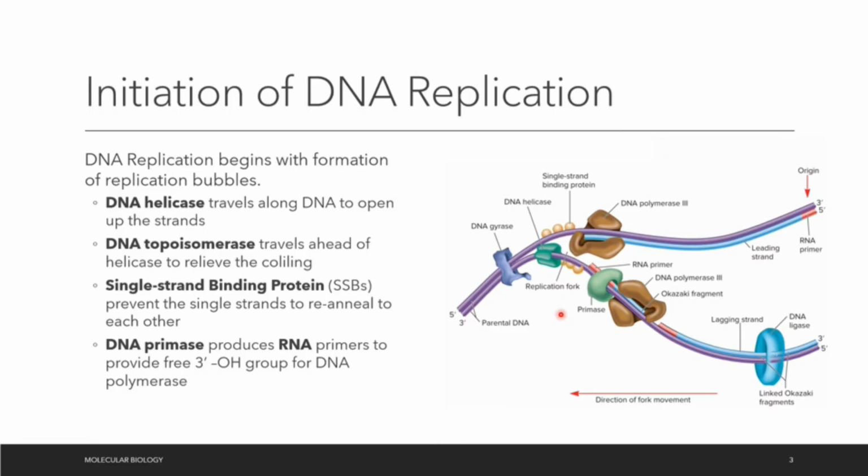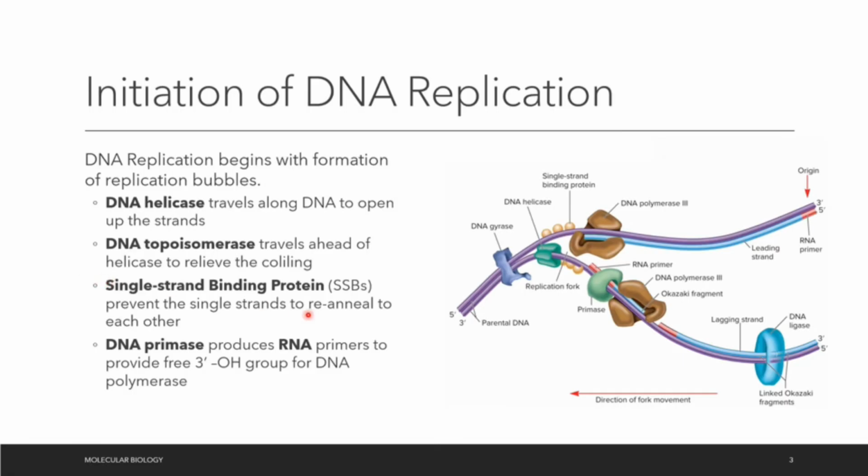There are also some other proteins which are responsible for the opening up of the double helix, including the initiator proteins and DNA topoisomerases. DNA topoisomerase actually travels ahead of the DNA helicase. What it does is create nicks on the DNA backbone so that the supercoiling can be released.